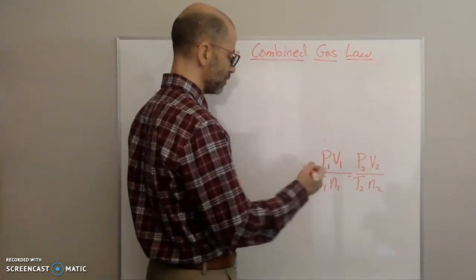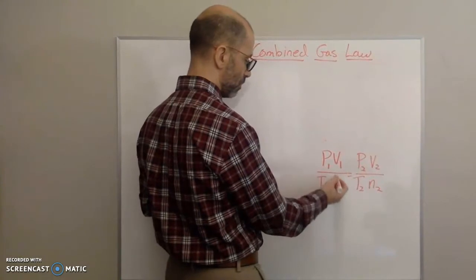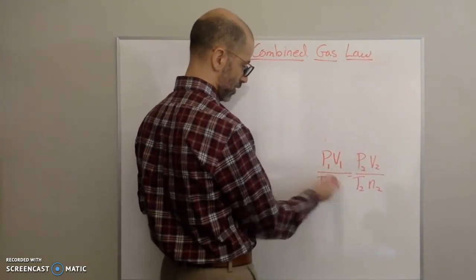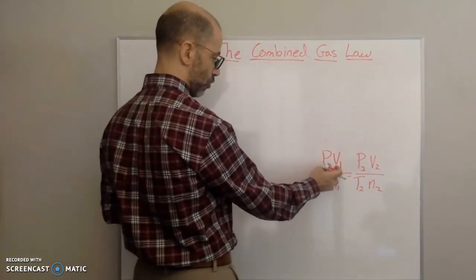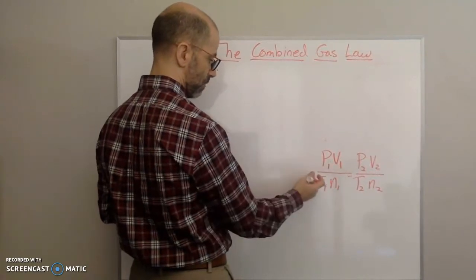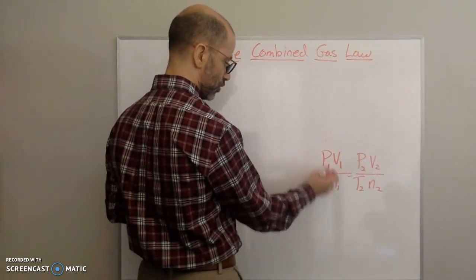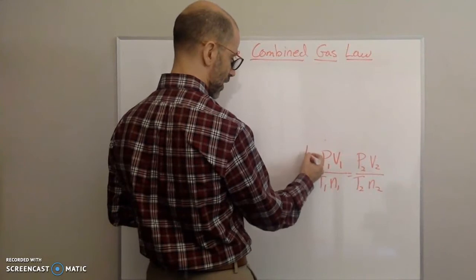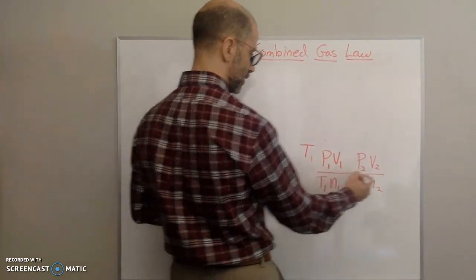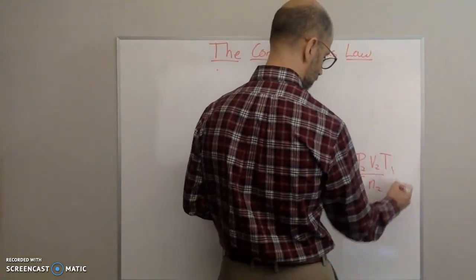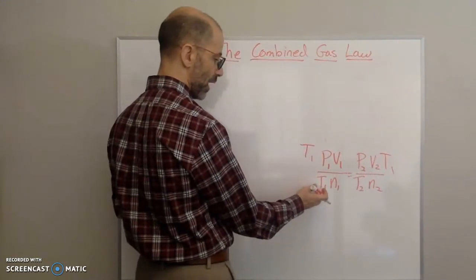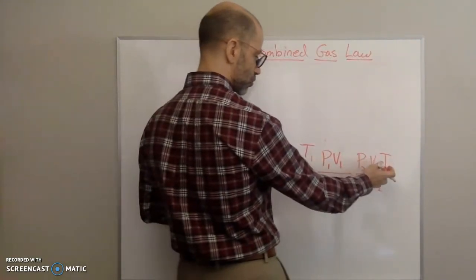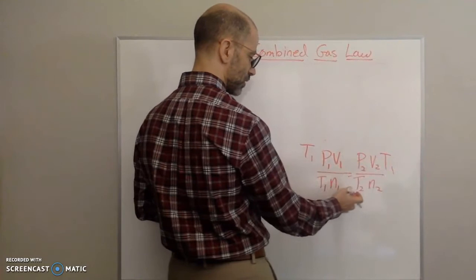So look what happens if I'm solving, let's say they want me to solve for pressure, right? So in order to solve for pressure, I need to get T1 on the other side. So I need to multiply by T1, right? So what happens to T1 and T2 if T1 and T2 are the same?